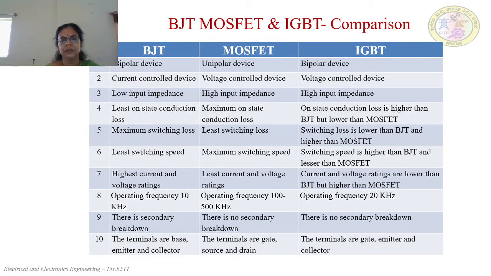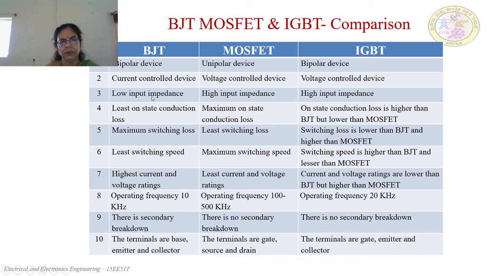Now let us look at the comparison between BJT, MOSFET and IGBT. BJT is a bipolar device, MOSFET is unipolar, IGBT is bipolar. BJT is a current control device, MOSFET is a voltage control device, IGBT is again a voltage control device.